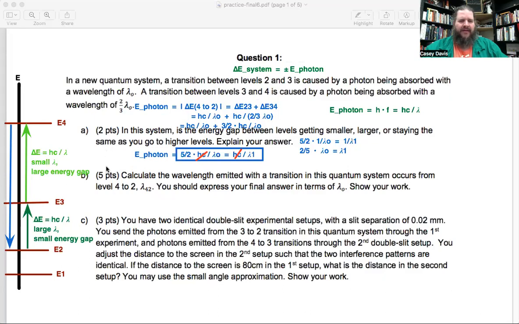So ignoring parts A and B entirely, we've got a double slit experiment that's using wavelength lambda naught, and another double slit experiment that's using wavelength 2/3 lambda naught, 2/3 as much wavelength. And what's the same about both of these experiments? What are we using the same in both of the experiments?